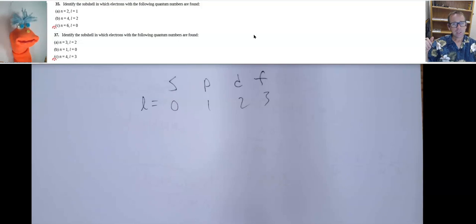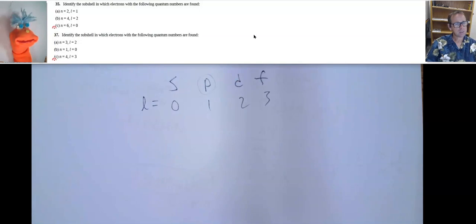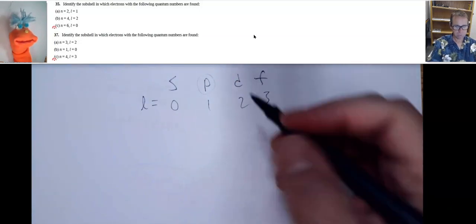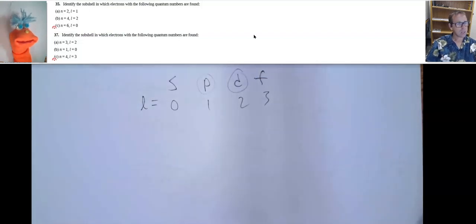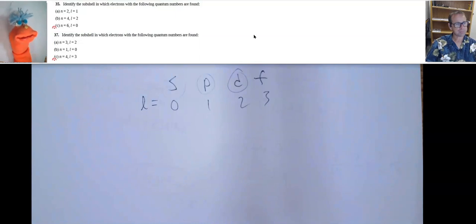Okay? So when we have L equals 1, that's a P subshell. When we have L equals 2, that's a D subshell. When we have L equals 0, that is an S subshell. So the N's don't change that?